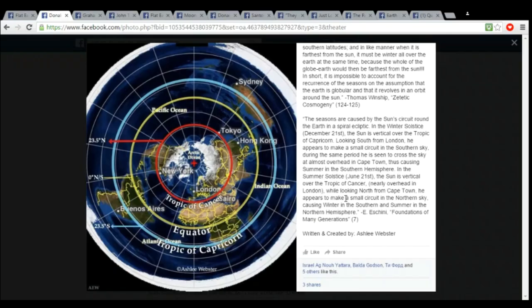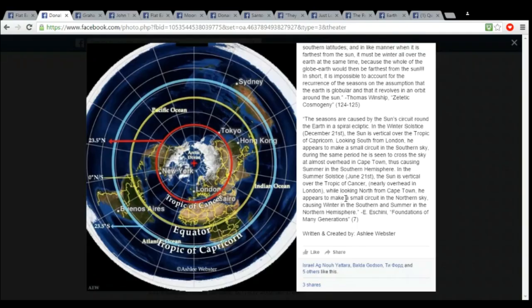Down here, basically, it says the seasons are caused by the sun's circuit around the Earth in a spiro-elliptic. In the winter solstice, December 21, the sun is vertical over the Tropic of Capricorn. Looking south from London, it appears to make a small circuit in the south sky, and we'll go over this, folks, in a minute. During this period it is almost overhead in Cape Town, thus causing summer in the southern hemisphere.